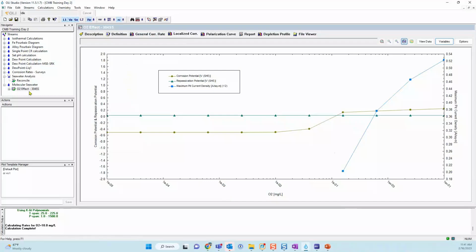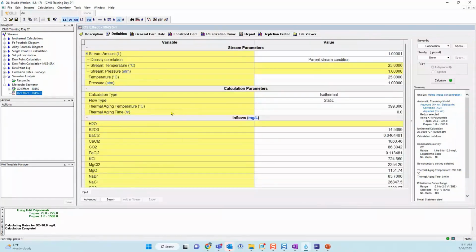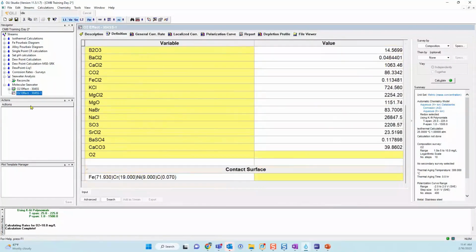So you can always copy and paste this example here, go back to the molecular seawater, and change the metallurgy. Okay, so we can say, what if we don't use 304 stainless steel? What if we just go a little bit higher to 316, right?